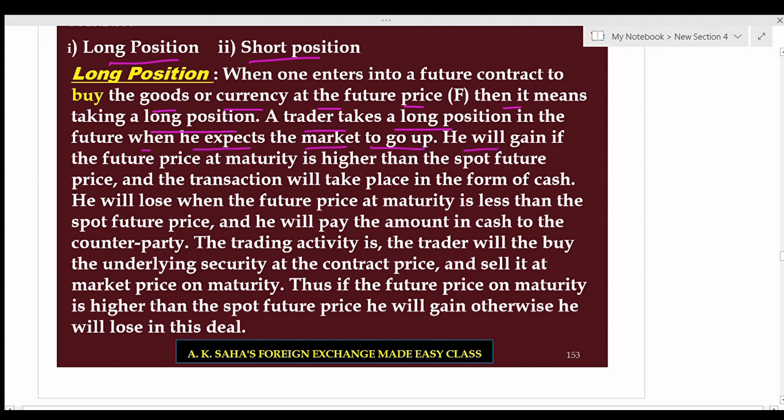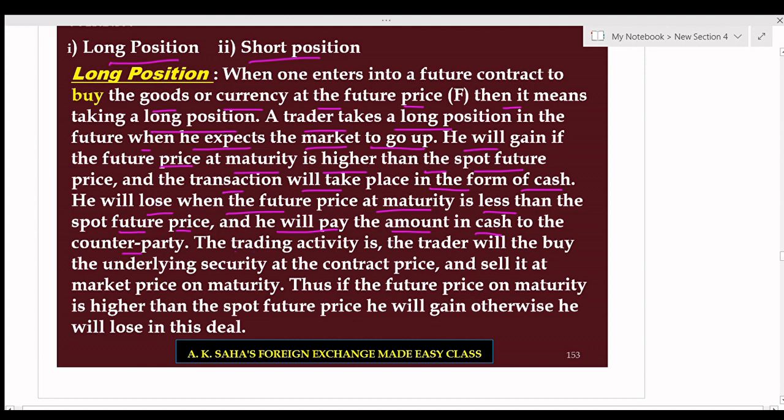He will gain if the future price at maturity is higher than the spot future price, and the transaction will take place in the form of cash. He will lose when the future price at maturity is less than the spot future price, and he will pay the amount in cash to the counterparty.